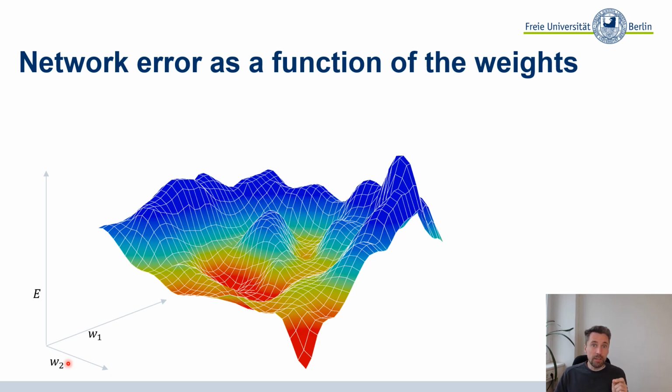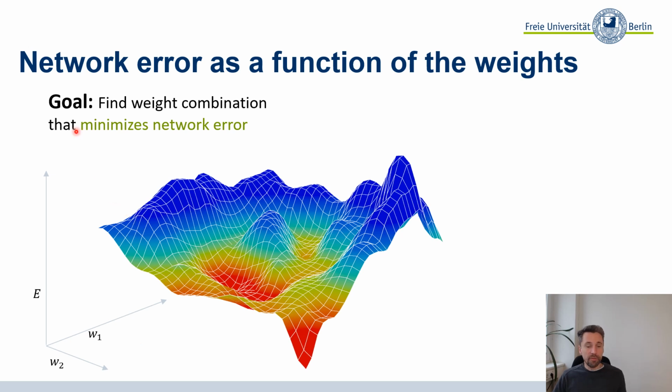And for each of these settings, we can compute a network error for all the samples in the training set, and put this in this loss landscape. Yeah. So the loss landscape is the error, or sometimes we call it loss, over the space of parameters. And now the goal is to find a combination of parameters, of weights and biases, that minimize the error, right?